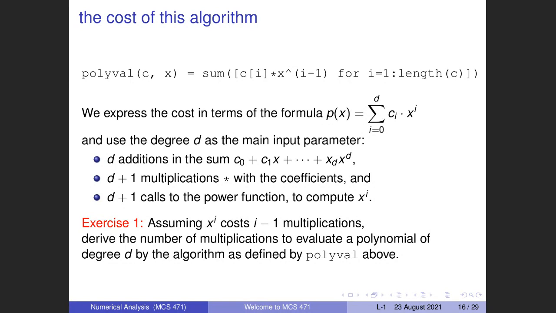So the formula is already here. This is now our very first exercise. And actually, I have almost given entirely the exercise already, except for the power function. You can add up the d plus 1 calls to the power function. But you have to do a little bit more work in how you compute x to the power i.